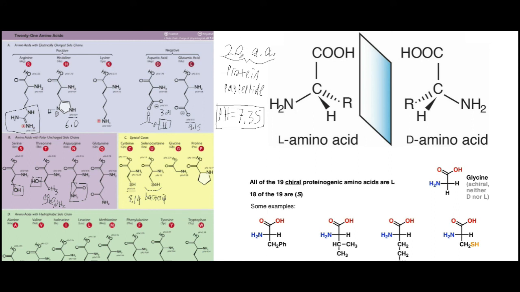So I said there's 20. This says it has the 21 amino acids. So this is that 21st. Then the glycine is different because it doesn't have any side chains. Well, for one thing, this bond right here is very free.